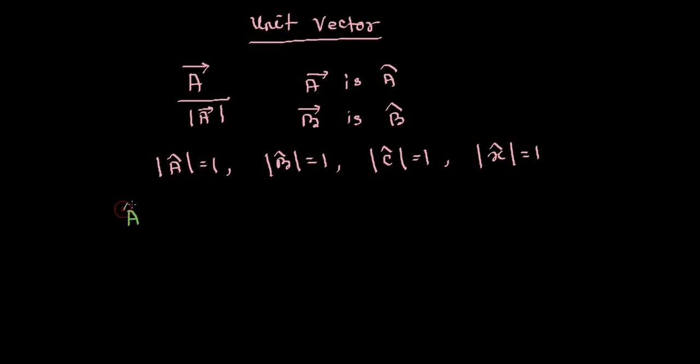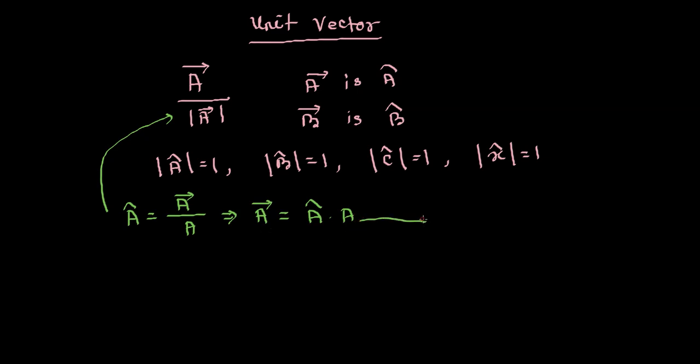Since A cap means a unit vector, mathematically written as A vector upon A, that we have written over here. If I multiply these things, cross multiplication, then A vector is equal to A cap into A, right? So it means a vector has two essential ingredients.